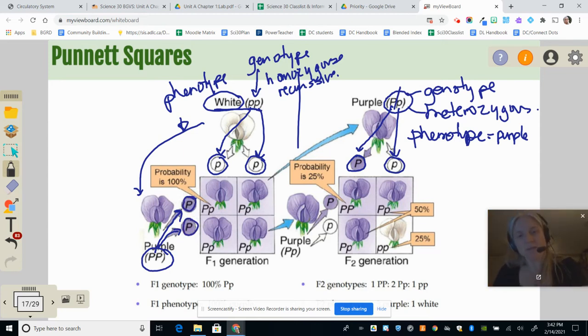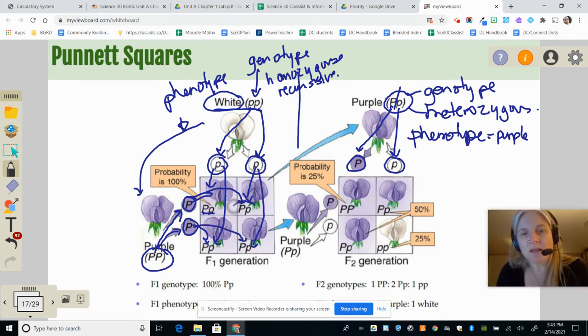So when these two flowers are crossed, we can see what the combinations are going to be. If we use this gamete and this gamete, we get a capital P and a little p. And this gamete and this gamete, again, capital P, little p. You start to see a pattern here. All of these offspring are going to be exactly the same.